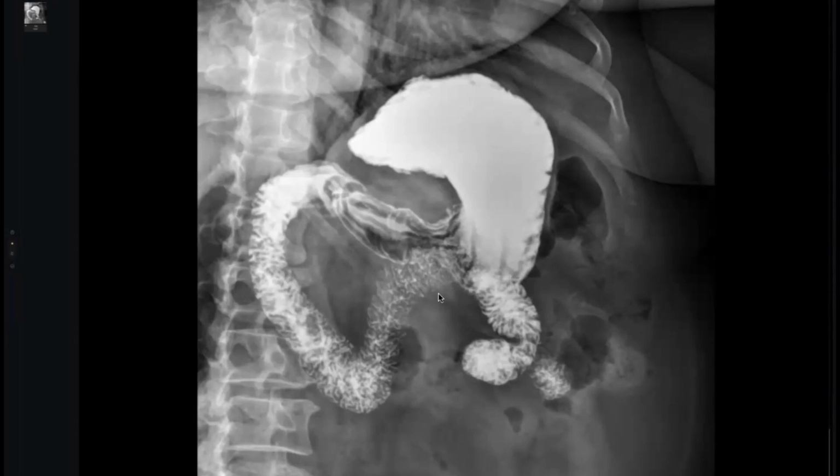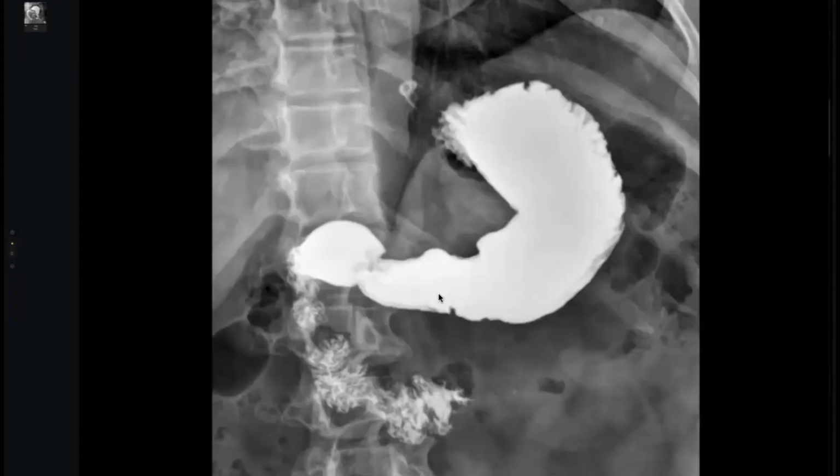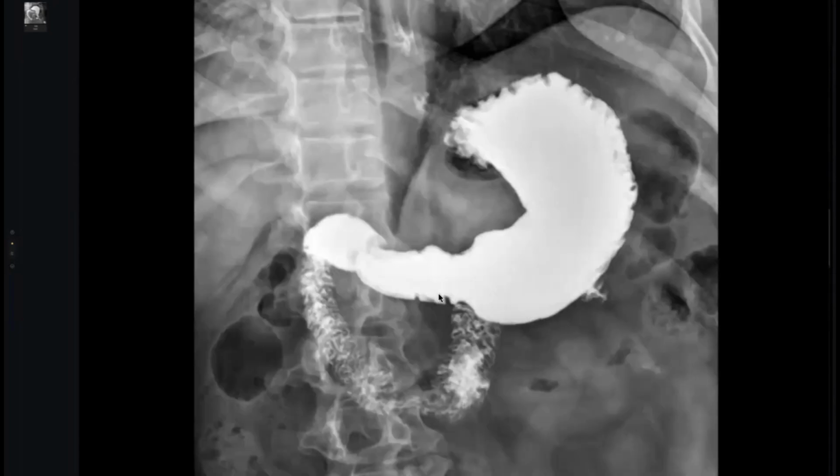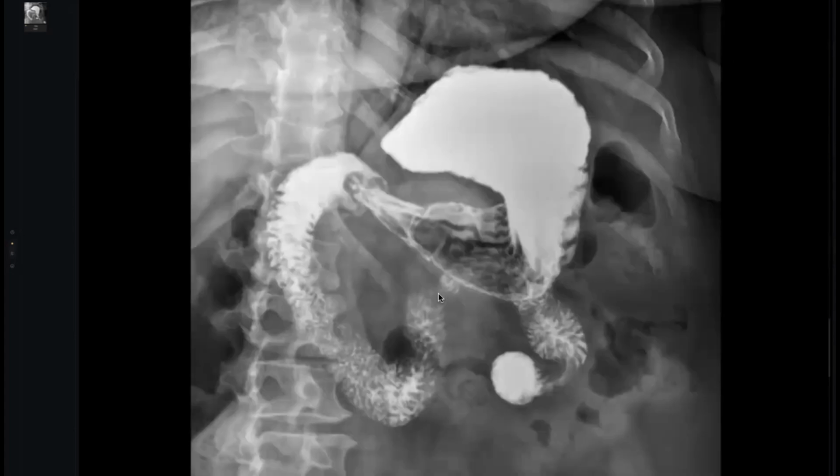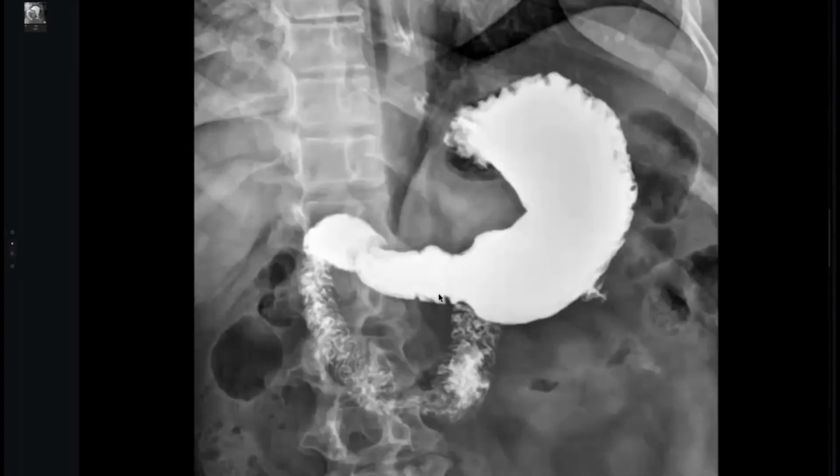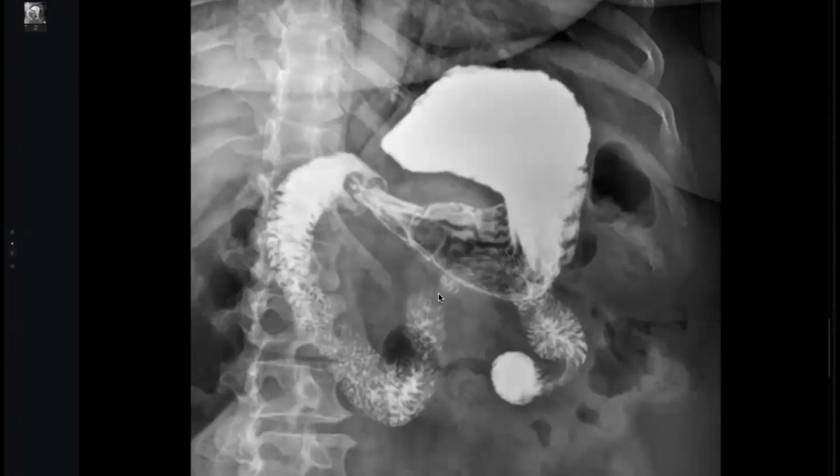What else? I'm scrolling by the arrows. What happened here between this and this? Concentrate. Yes, tell me.